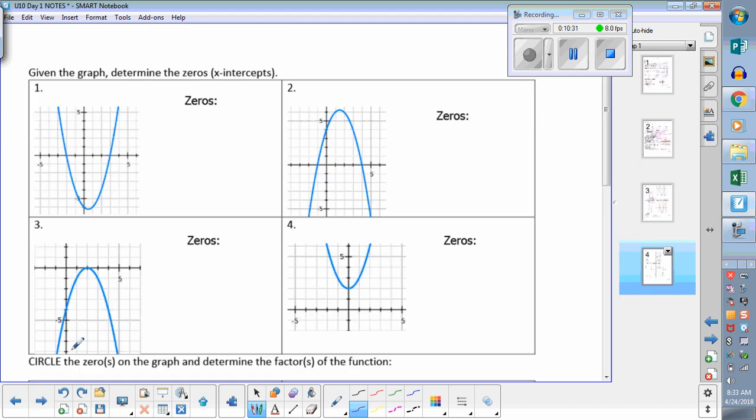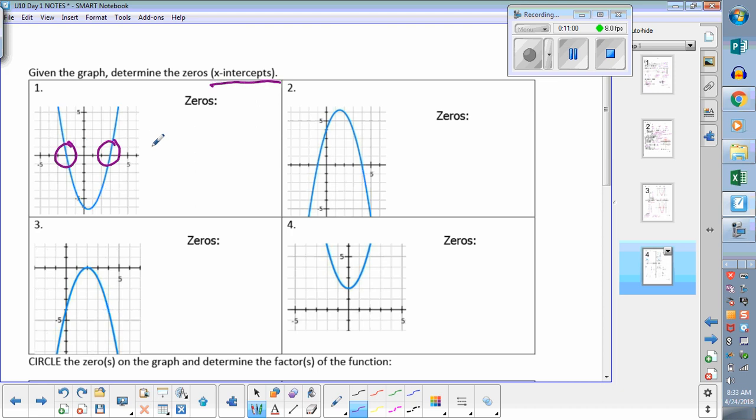So now we're going to do a couple more. It says, given the graph, determine the zeros, the x-intercepts. Let me underline this for you. We need to determine the x-intercepts. So we need to see where this graph crosses the x-axis. And I'm seeing 2 points right here. We can go 1, 2.